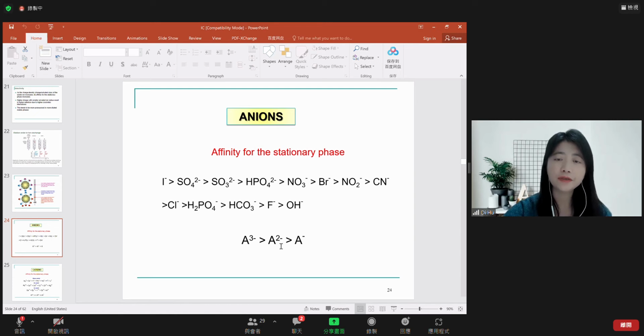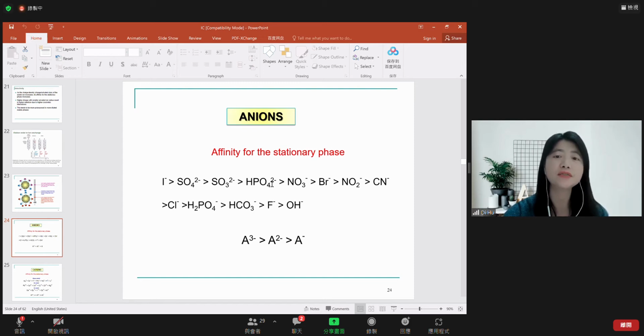The affinity of the trivalent ion will be larger than the divalent one and the monovalent one, but not exactly, because polarizability plays a role. That is the reason iodide even has a stronger affinity to the stationary phase than sulfate.